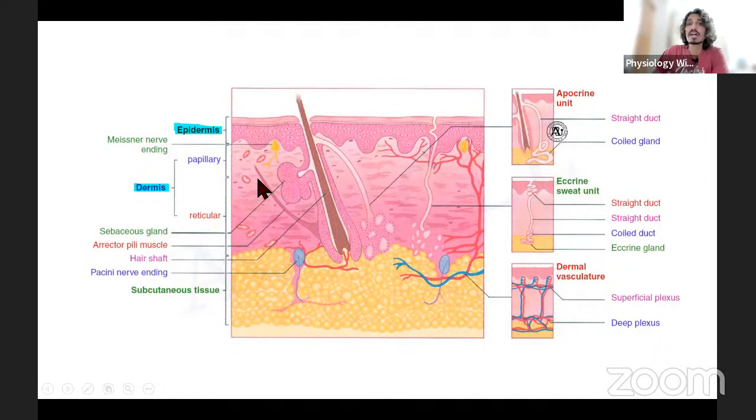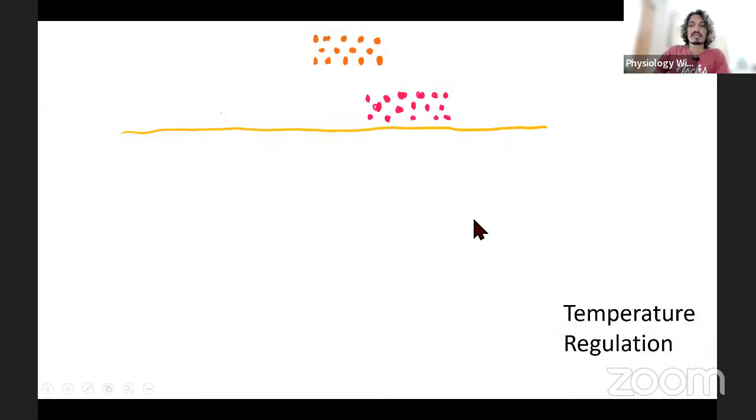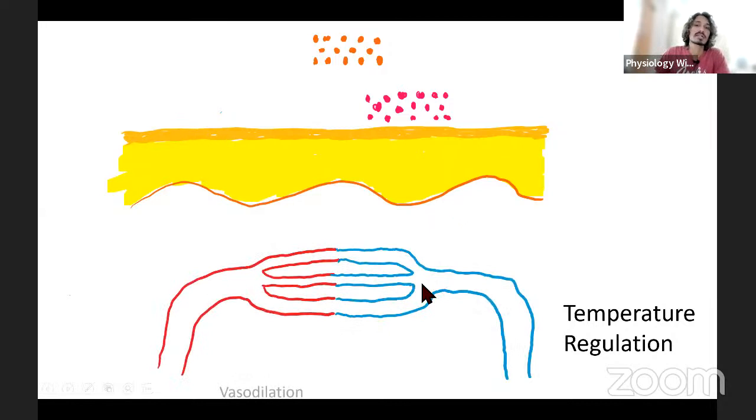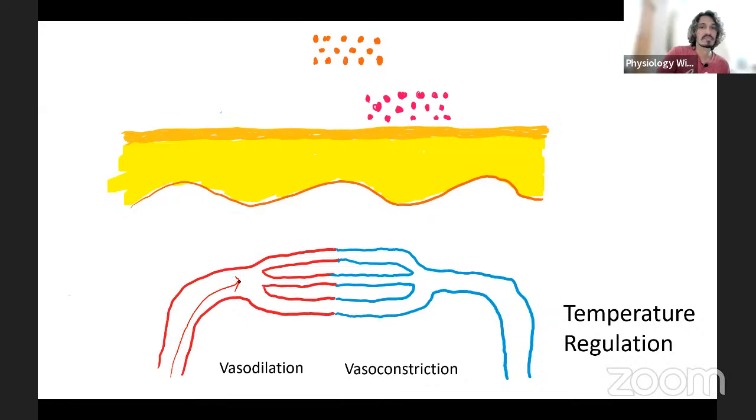Now, this is mostly involved in temperature regulation. How is it involved in temperature regulation? This is the epidermis, we have the artery, and we have the venous system which is coming. Either it can vasodilate or vasoconstrict based on the requirement. For example, if there is vasoconstriction, it will limit how much blood is flowing through this.